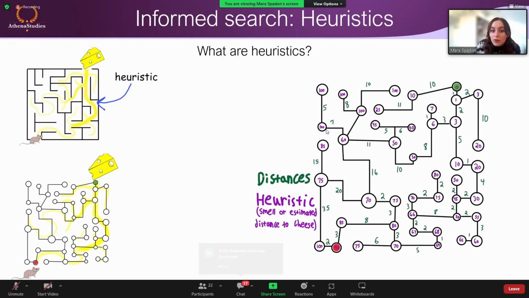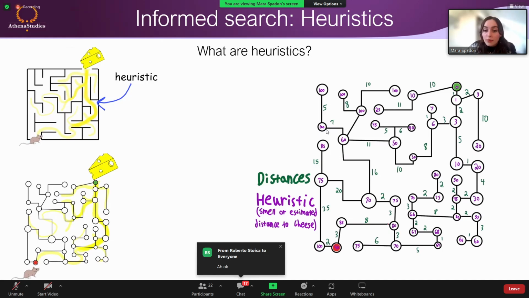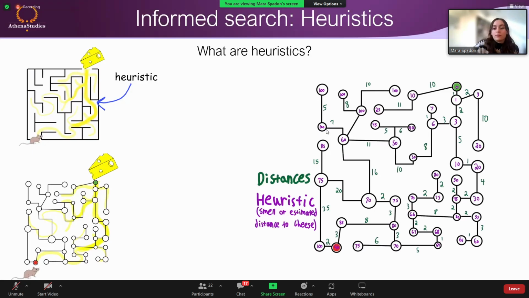In the end, you know the entire distance, and by using heuristics and adding up all of these values, you get a shorter distance than if you just went around anywhere, tried to find it, and went back. That's why you use heuristics: to hopefully find the shortest path.